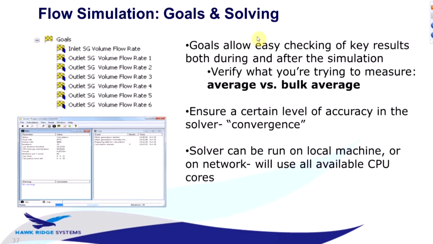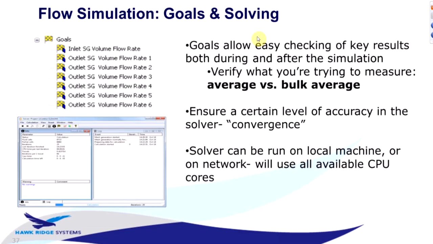So there's, again, this word convergence. Although in flow simulation, when we talk about convergence, we usually mean something different than mesh convergence, like in the stress analysis. In flow simulation, the way the solver works is to typically start out the solution of the problem as if it was time-dependent and a transient problem until it finds what the steady-state solution is once everything's settled down.